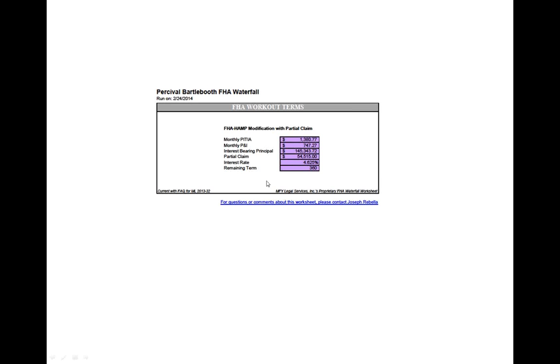Oh, and another thing is that if the borrower has insufficient income to support an FHA modification, this screen will tell you how much income they need, what the minimum income is, so that you know whether the borrower you're talking to is $100 of gross monthly income away from being modification eligible, or whether they're $2,000 of monthly income away from being FHA eligible. So that's, of course, very useful.